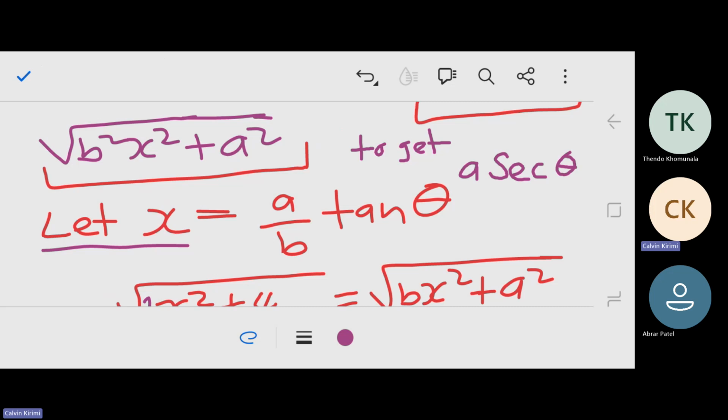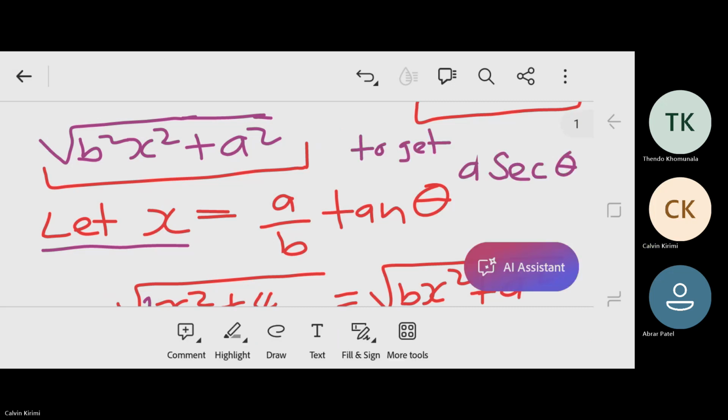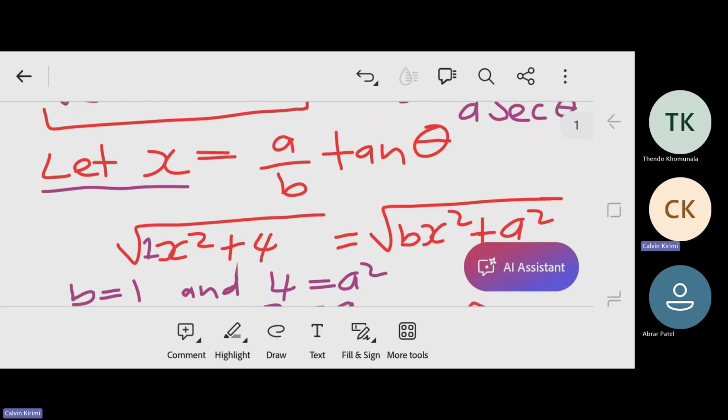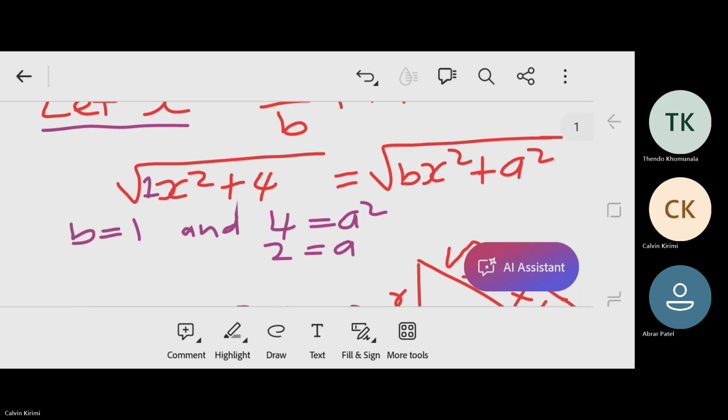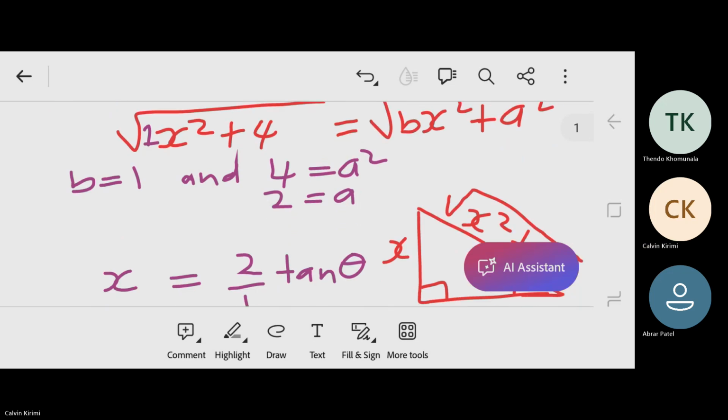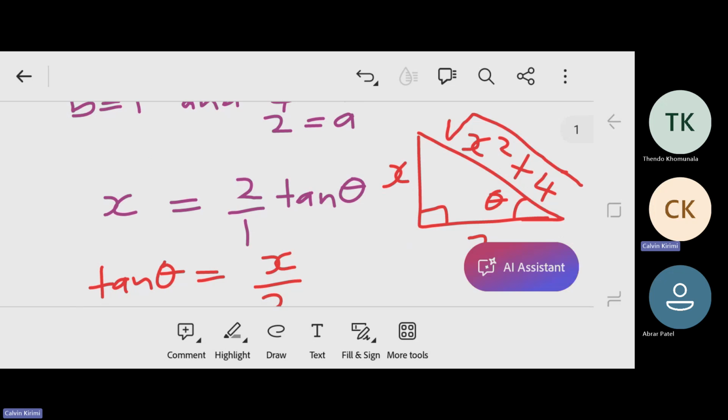So our a, we already calculated, is equal to 2. A is equal to 2. B is equal to 1. So what we are going to get there is a secant theta. So the square root of x squared plus 4 will be equal to a secant theta.